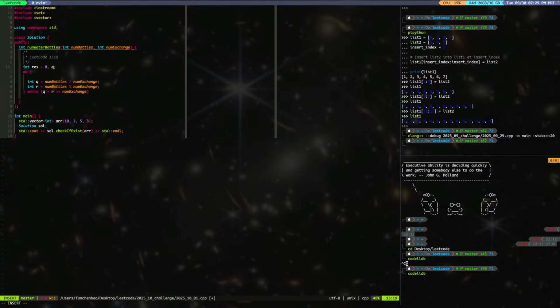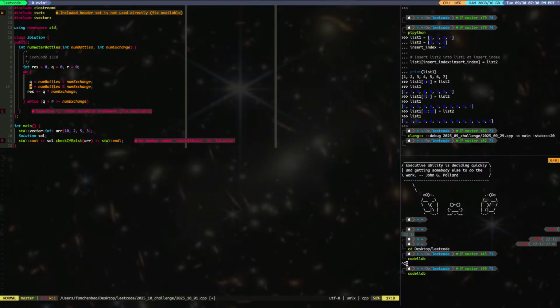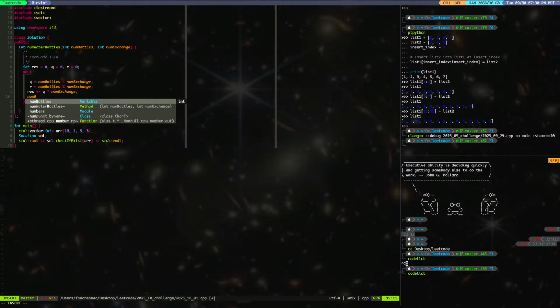Oh, I need to... I see. Something like this, right? And then rest will plus equal to q times num exchange. And then, ooh, num bottles, that's fine, we'll change num bottles. So num bottles will equal q plus r.